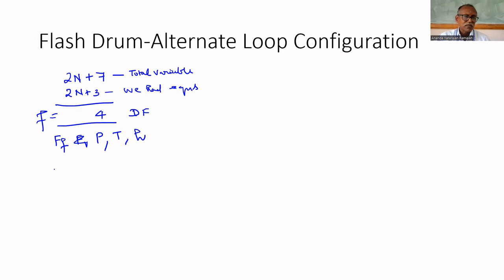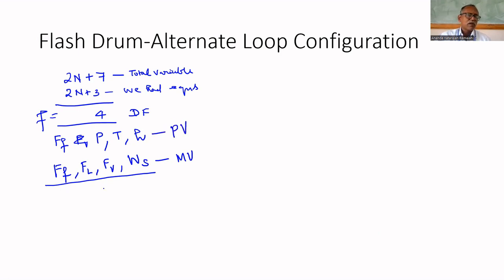The manipulated variables are feed flow rate, liquid flow rate, vapor flow rate, and steam flow rate. These are the 4 manipulated variables available. Process variables are 4.